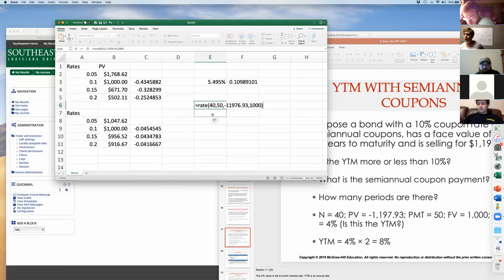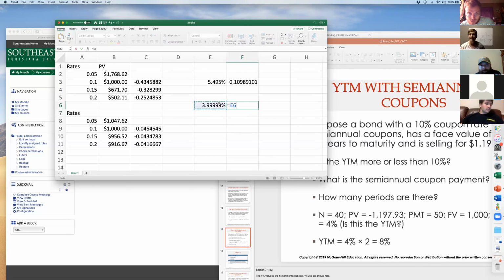So when I hit enter, something's wrong here. I got 40 periods, payments 50. Oh, I got too many ones here. 1197.93 there. All right. So 4%, almost even. That's a semi-annual period.